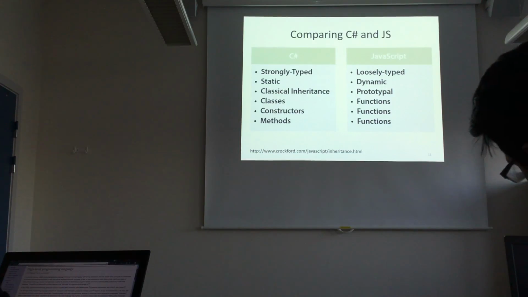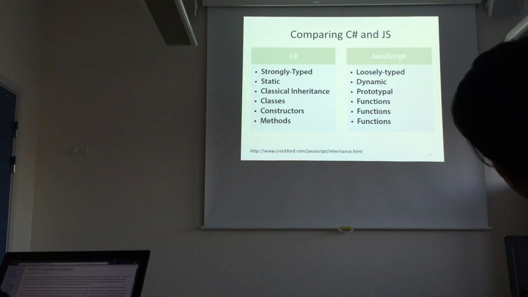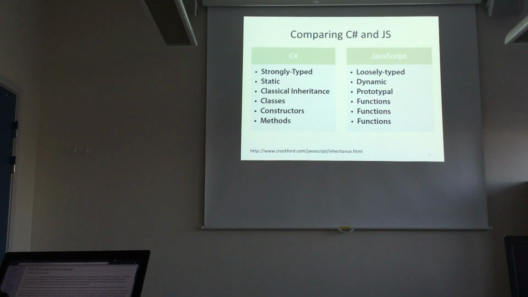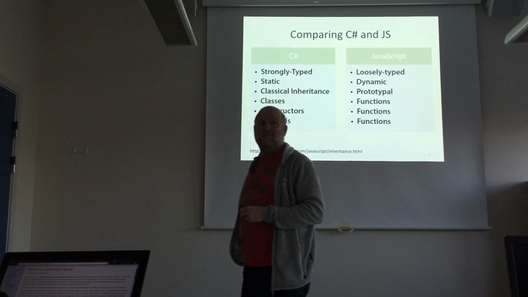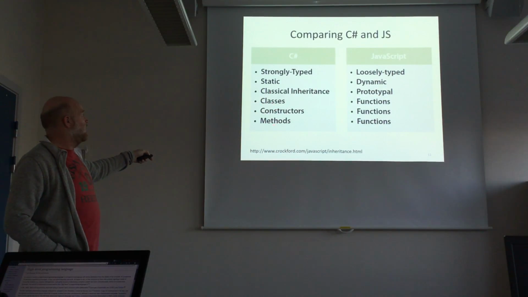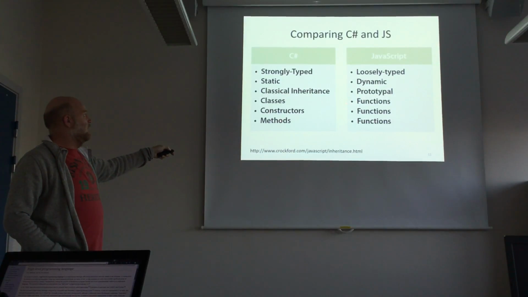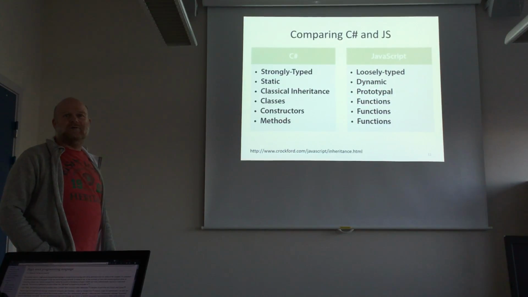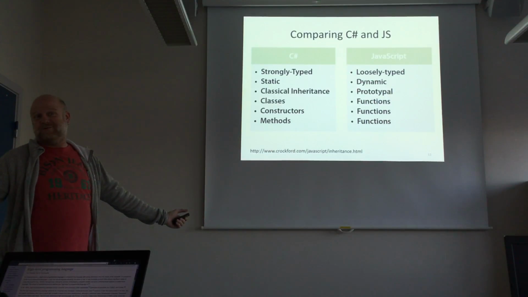And then you have classical inheritance in C#. We don't have that; we have prototypical inheritance in JavaScript. I will return to talk a little bit about what that is later. And then we have classes, constructors, and methods in C#. And the similar part in JavaScript is functions, and functions.